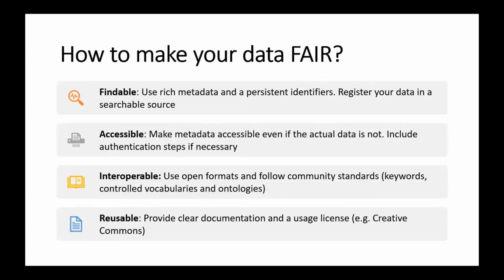Also, you should use persistent identifiers, for example, DOI, Digital Object Identifier. This is usually included in many repositories and services. So once you submit your data there, it will also get a persistent identifier.